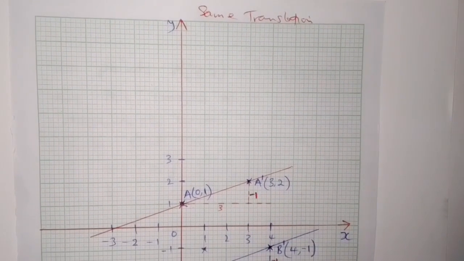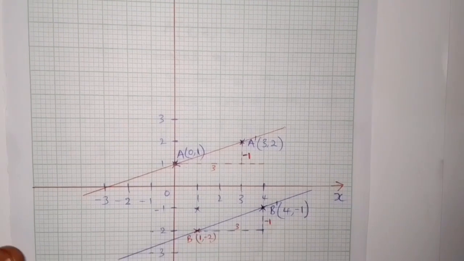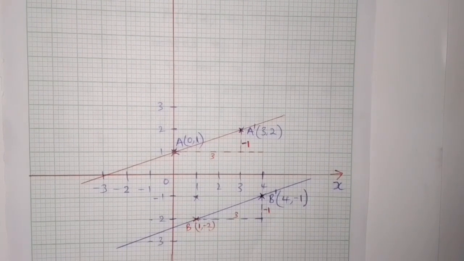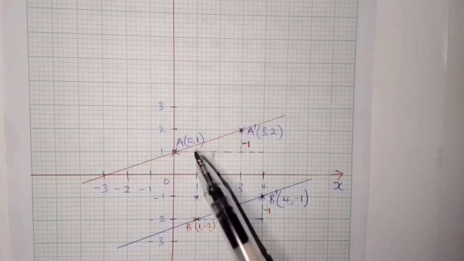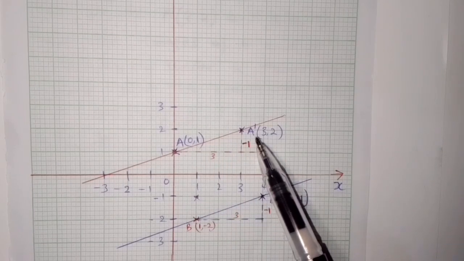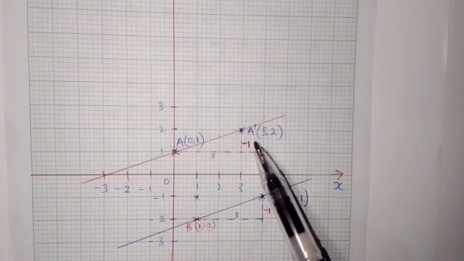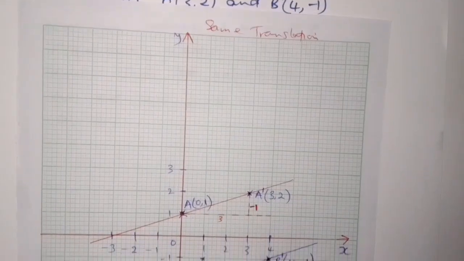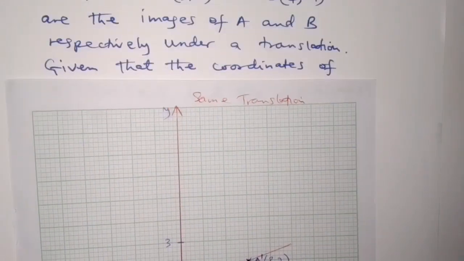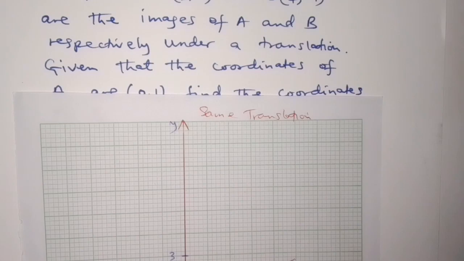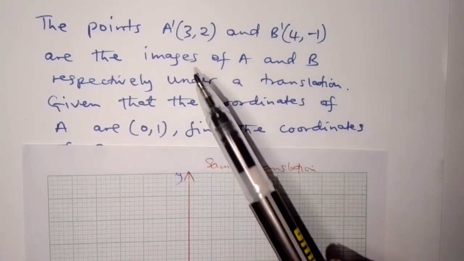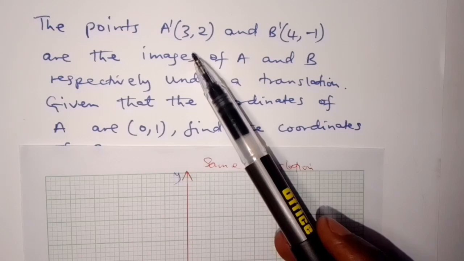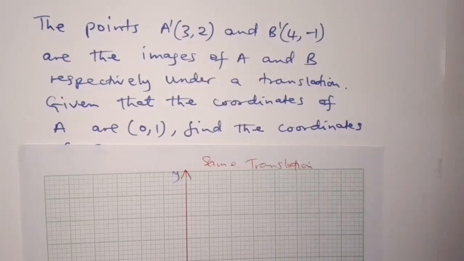This is our sketch. Our point A prime, we have been given our point A prime. Our point A prime is (3, 2).